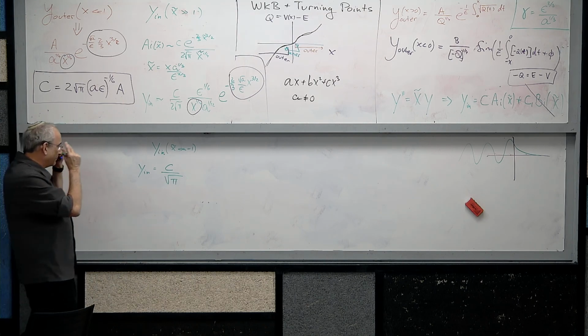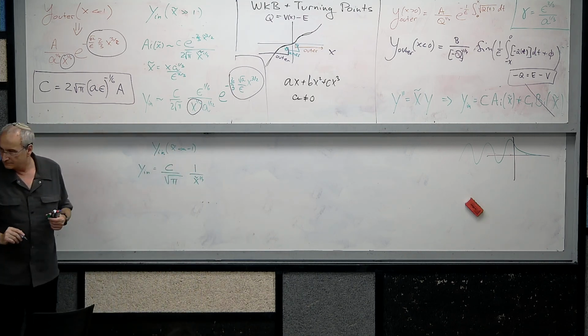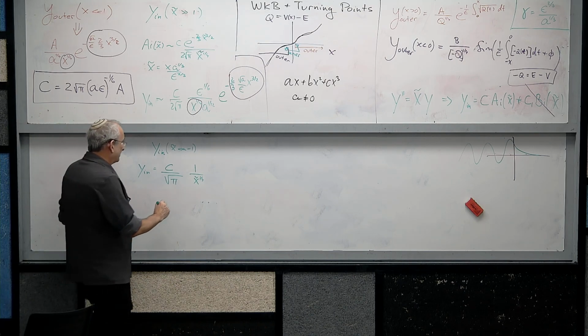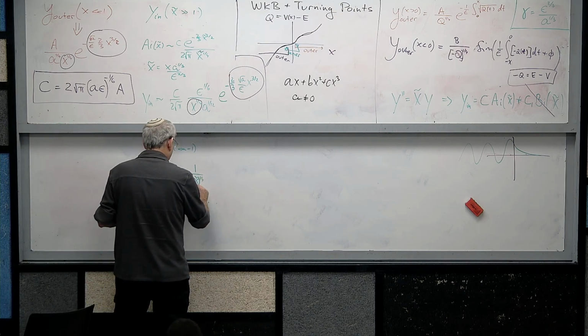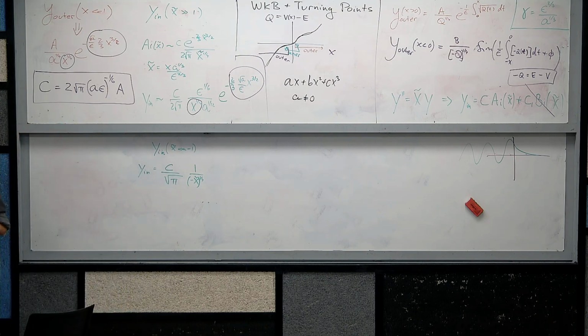Now we have 1 over x tilde to the power of 1/4. And not x tilde, minus x tilde to the power of 1/4, right? Because x tilde is negative, so I need the minus.